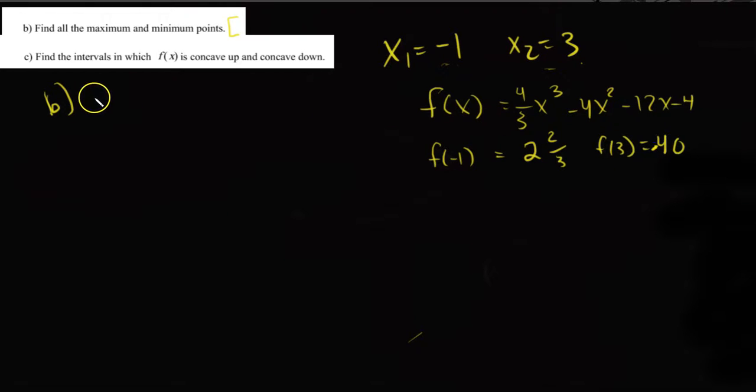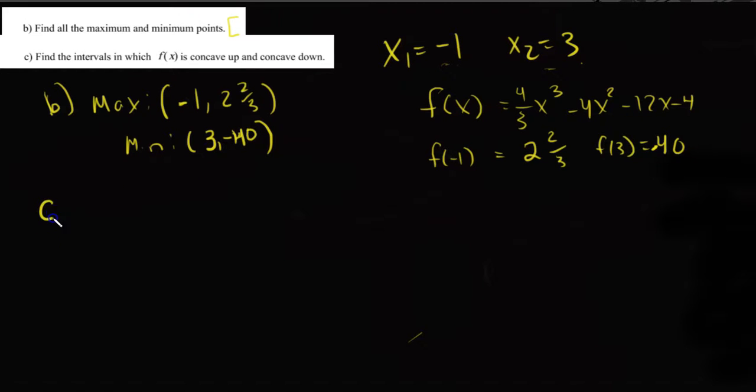So our max is located at the point negative 1, 2 2/3, and our min is located at the point 3, negative 40. So let's move on to part C.